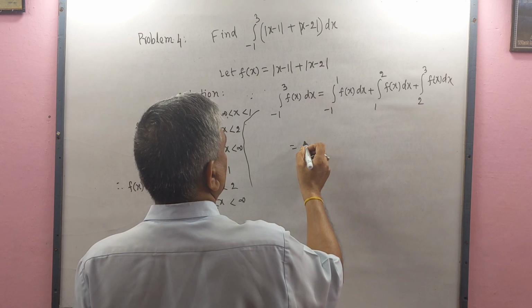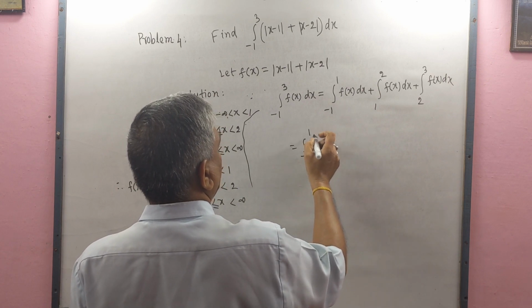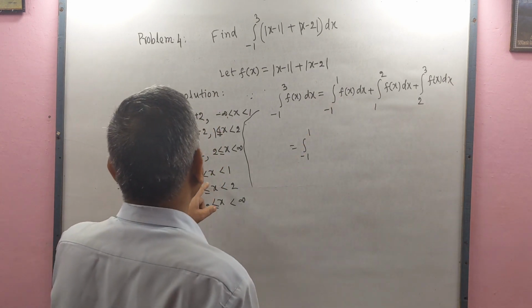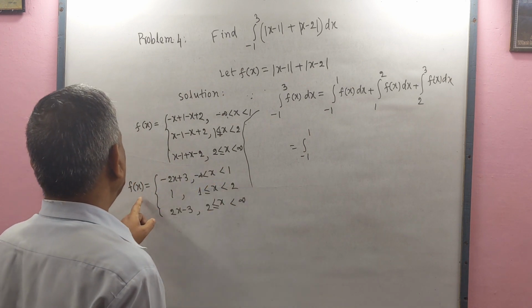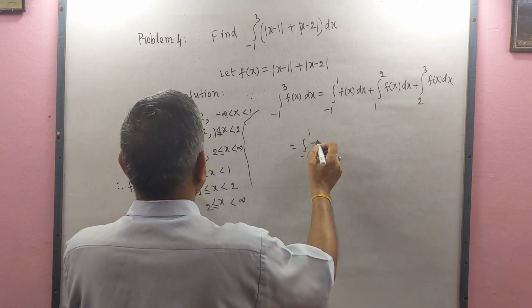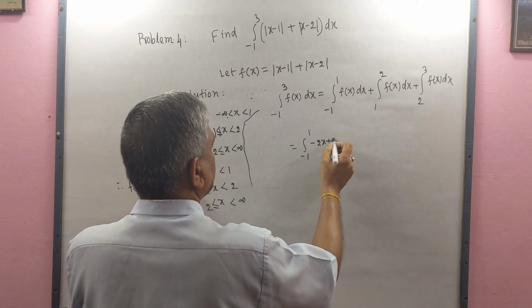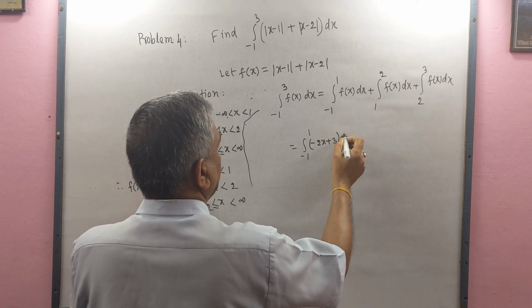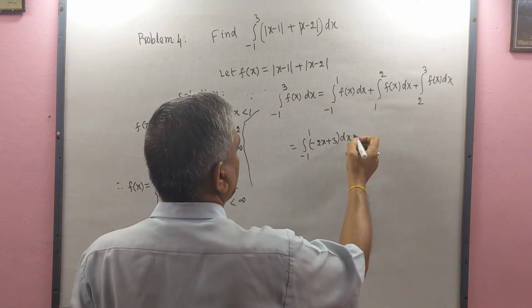Between minus 1 and 1 the value of f(x) is minus 2x plus 3 dx.